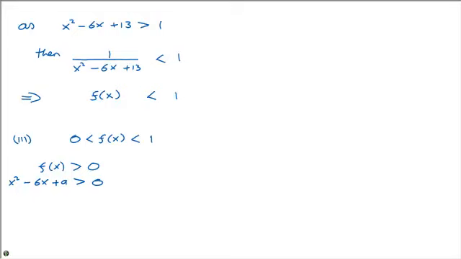Now notice that I'm not using 1 over for the f of x. Remember that for f of x to be greater than 0, both numerator and denominator have to be positive. So in this instance, I'm just going to look at the denominator, and I know the denominator has to be positive.